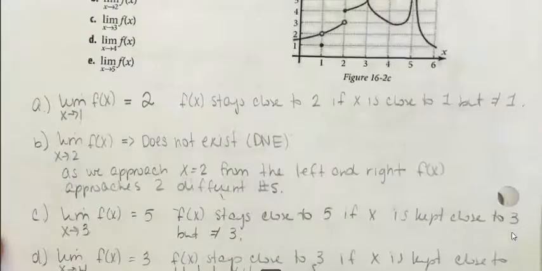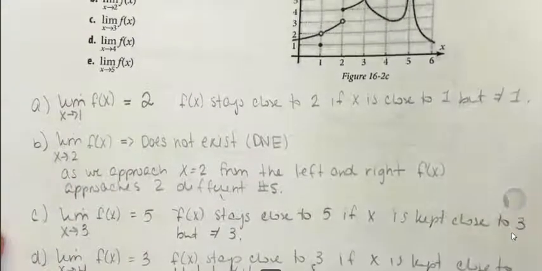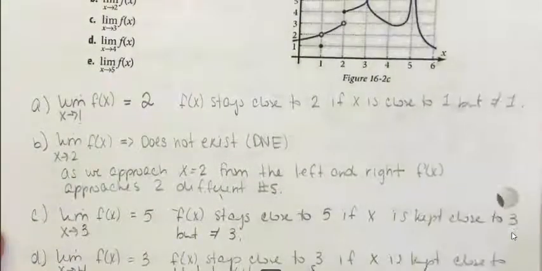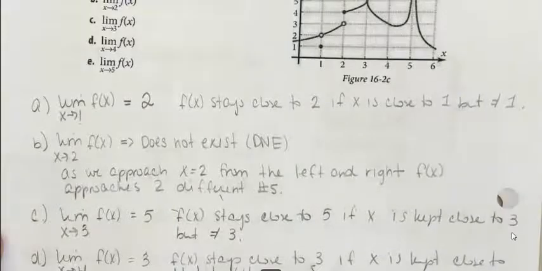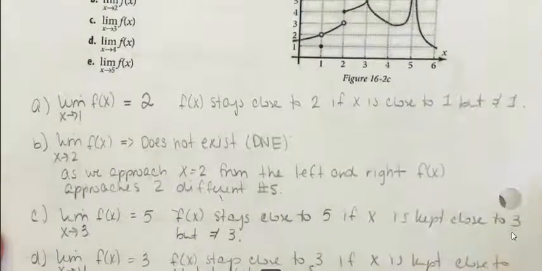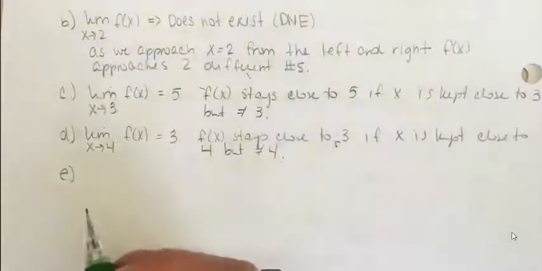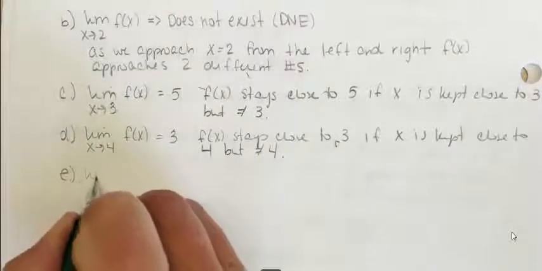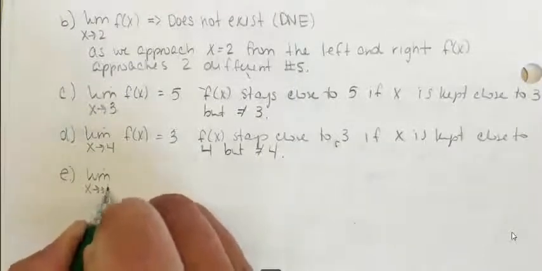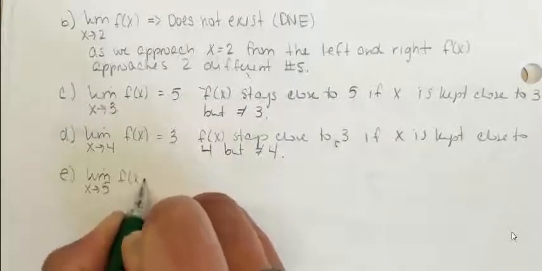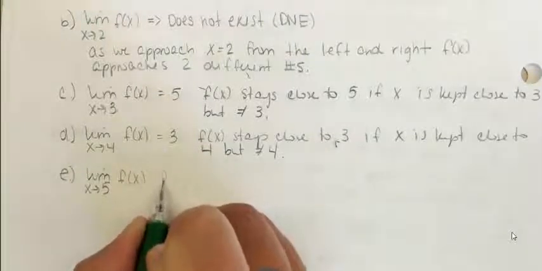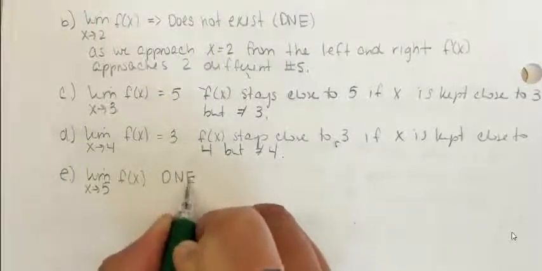Infinity is not really a number though, so it's hard to make an argument that the limit equals infinity. It's going on up and up and up forever, but again, infinity is not truly a number. So we can say that the limit as x heads to 5 of f of x does not exist.